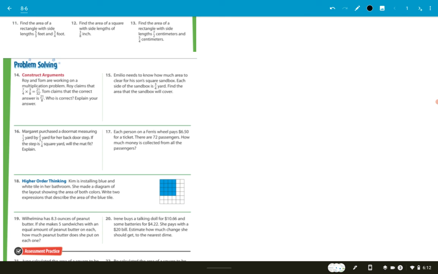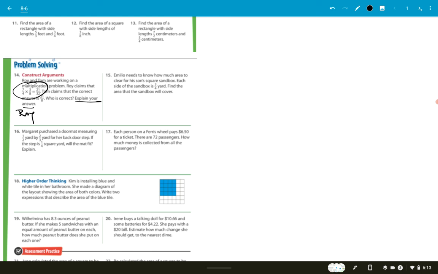And who is correct? Well, it's Roy. And explain your answer. Well, just explain why that one's correct. I mean, how do you multiply fractions together? You multiply straight across. Well, I just kind of gave it to you.